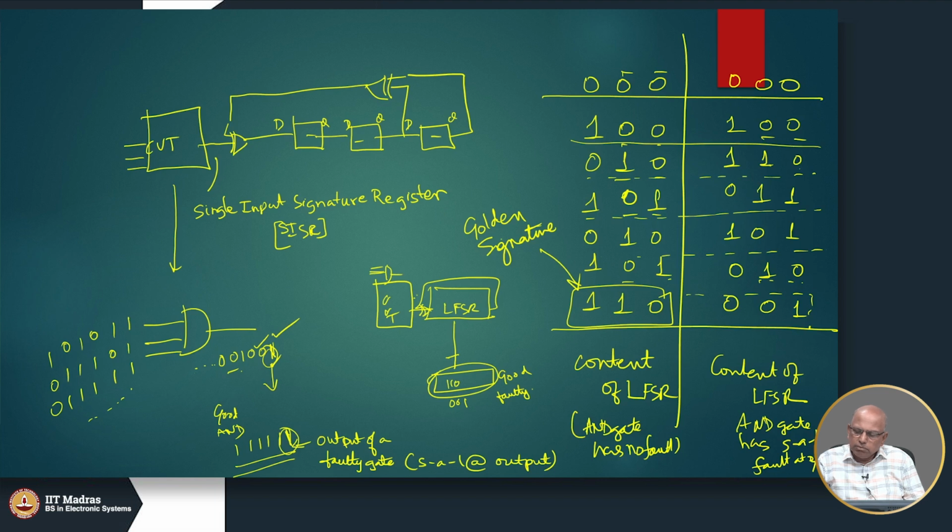They both give the same signature. So, if you continue to test with many inputs, like in this example I have put 6 test vectors, then at the end if I look at the signature, a good circuit will have 110 as a signature, a bad one will have 001.